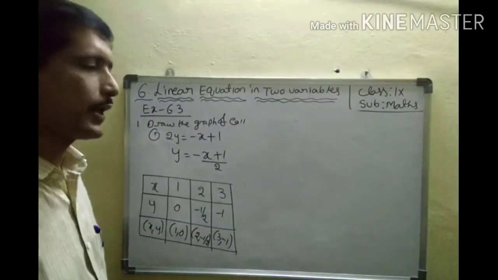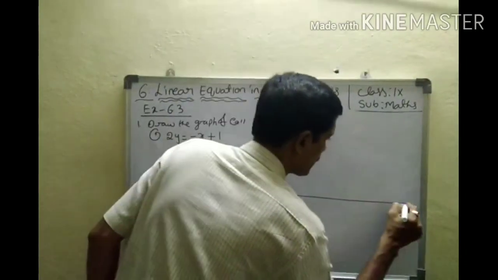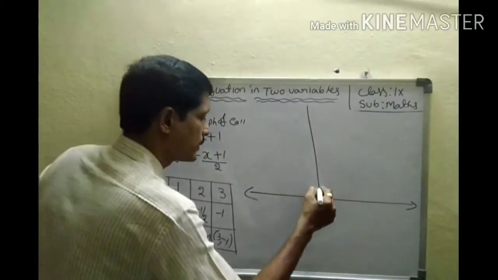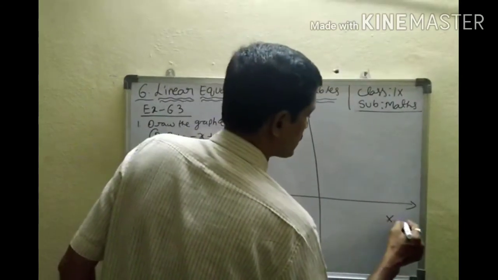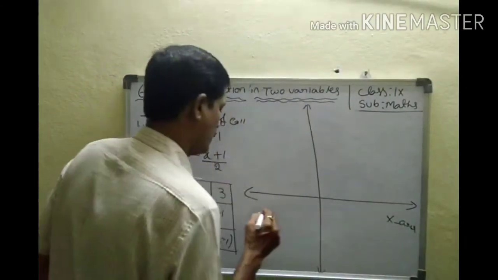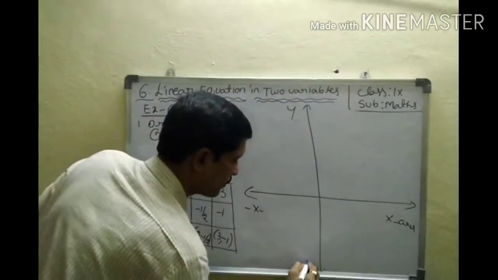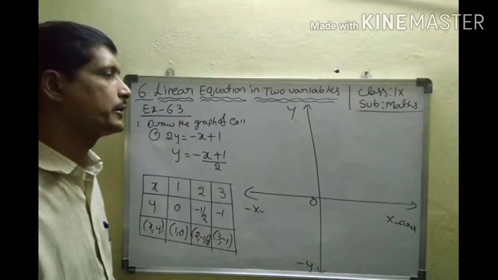Here the horizontal line is called the x-axis and the vertical line is the y-axis. Here is the positive x-axis, here the negative x-axis, y, and negative y. The point of intersection of the x and y-axes is the origin.